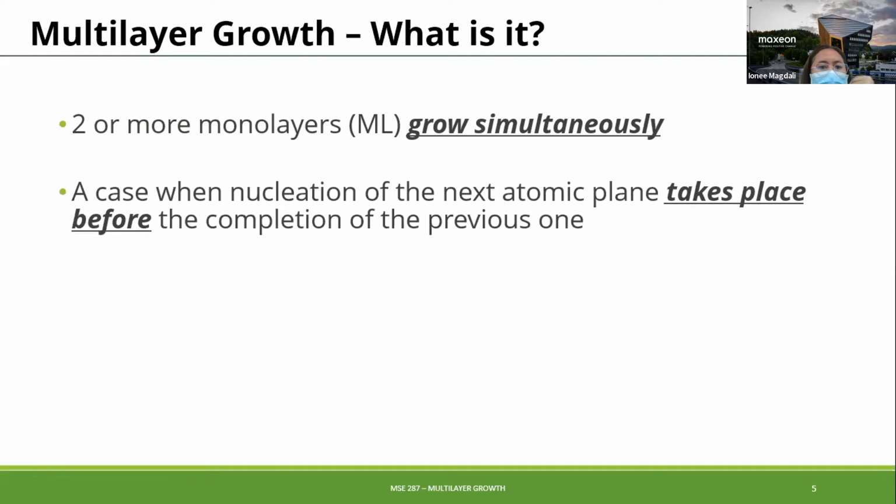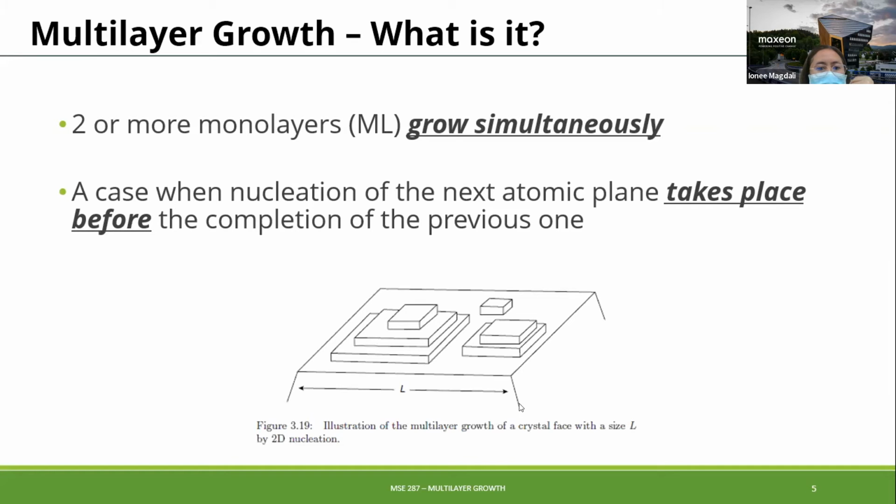This is the case when nucleation of the next atomic plane takes place before the completion of the previous one. I've taken this from our textbook, figure 3.19, an illustration of the multilayer growth of a crystal face with a size L by 3D nucleation.